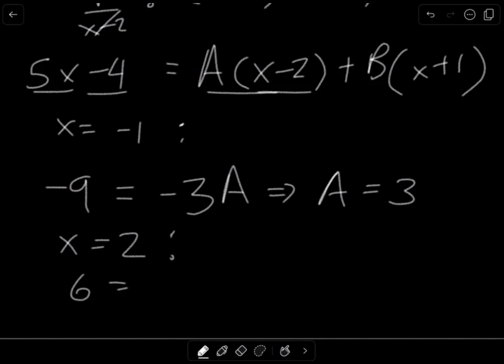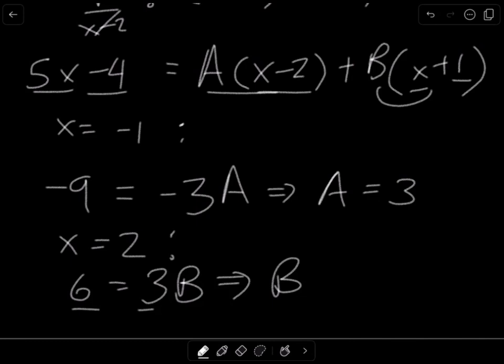I don't even bother writing that out. It'll be 2 plus 1, that's 3, and then 3 times b, so it's 3b. 6 is equal to 3b. This means, solving for b, 6 divided by 3, b is equal to 2.